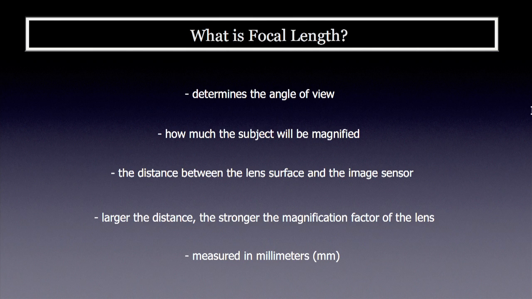The larger the distance, the stronger the magnification factor of the lens will be, and we'll talk more about that in a minute. A lens's focal length is also measured in millimeters. So when you look at a lens, it may say 35 millimeter or 70 millimeter or 300 millimeter. That number is the lens's focal length.